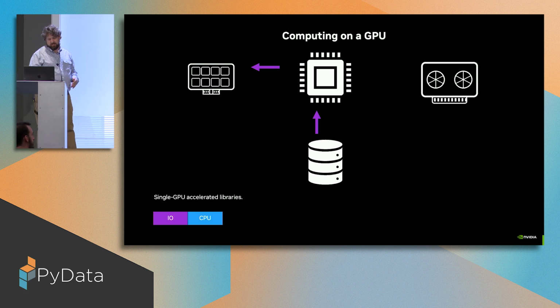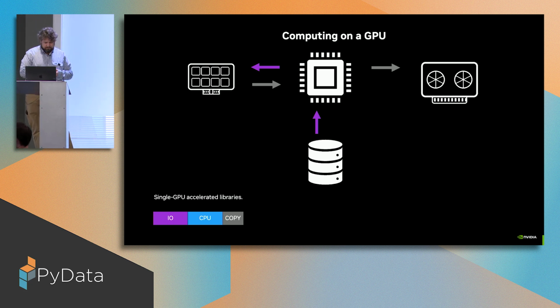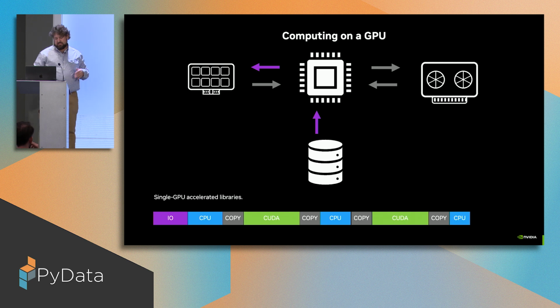And then to use the GPU, the CPU says, hey, take something from my memory and copy it over to the GPU. It all has to go through the CPU typically. And then we get to CUDA, and the GPU does some work, and we copy back. The CPU does work, we copy back. The GPU does work, copy back, and eventually we're done, and we go back to I/O.